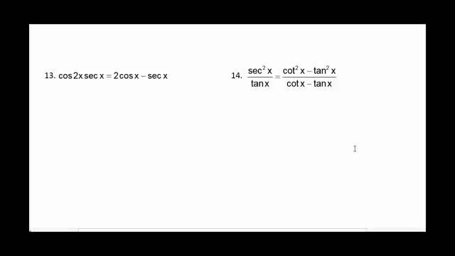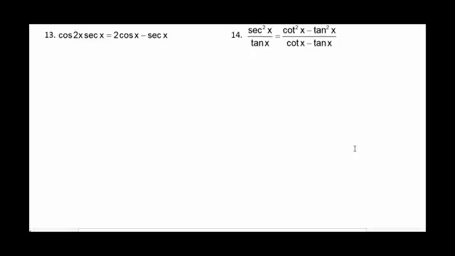Okay, number 13, cosine 2x secant x equals 2 cosine x minus secant x. Well, I'm going to use a form of the double angle of cosine. I know there's got to be a minus in there, and I've got to pull a 2 in there. So I'm going to do the form where it says 2 cosine squared x minus 1, times secant x.